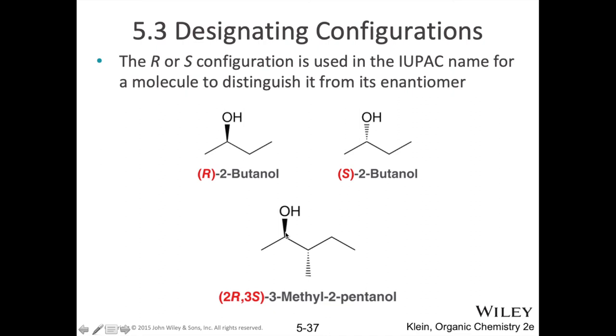Since the number 2 carbon has an R designation and the number 3 carbon has an S designation, we just write 2R, 3S in our parentheses. You will list these chiral carbons in numerical order when you're writing this out. Even though the substituents are in alphabetical order here, we go strictly in numerical order for the designations.